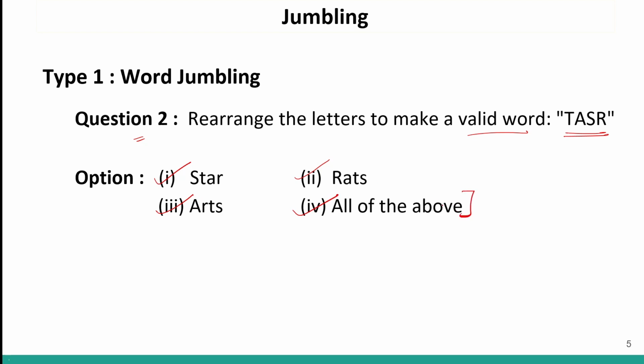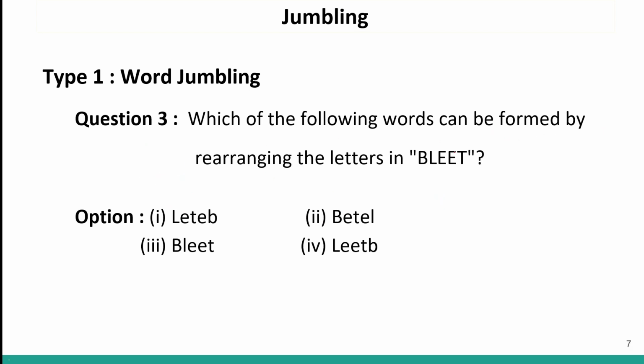So from one scrambled word, we can also make many different meaningful words. So either you can get a question like the previous one or you can get a question like this. Now, which of the following words can be found by rearranging the letters of bleat? Is letib a word? No. Is bleat a word?